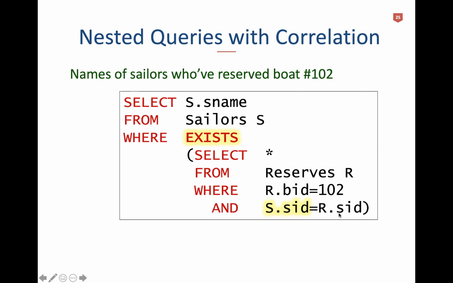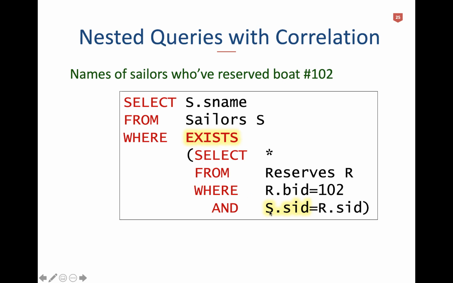Now we can have nested queries, but with correlation, in which the second query actually refers to a table in the first query because it's already present in the query. So what are we getting here? We're getting the names of sailors who have reserved boat 1 or 2.